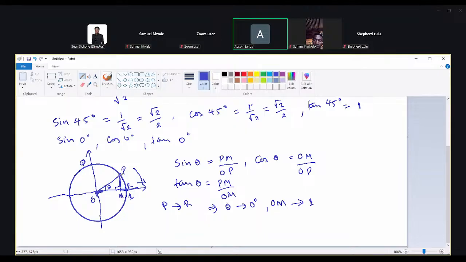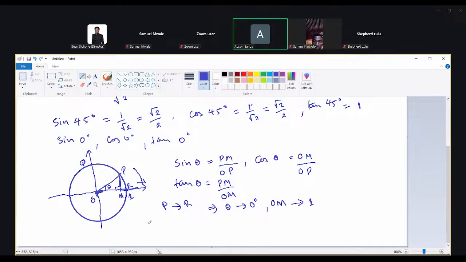So as you are moving along the circumference of the circle, theta is changing and it will tend to 0 when you reach R. And also M is going to move to R and the length is going to be equal to 1.